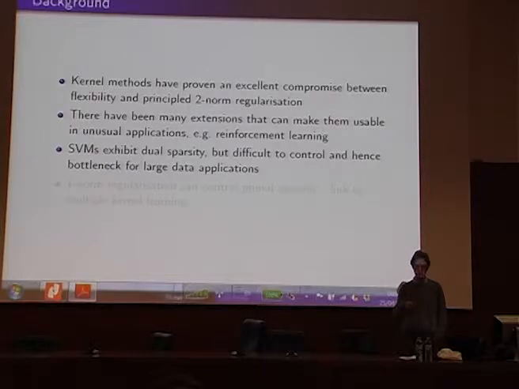The support vectors are those that are used to define the solution. So this has proved a bottleneck in very large data applications. This is perhaps the core of what my talk will be about towards the end.